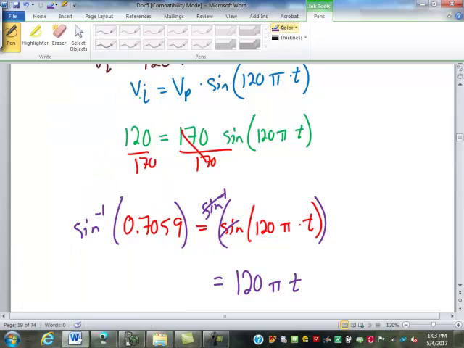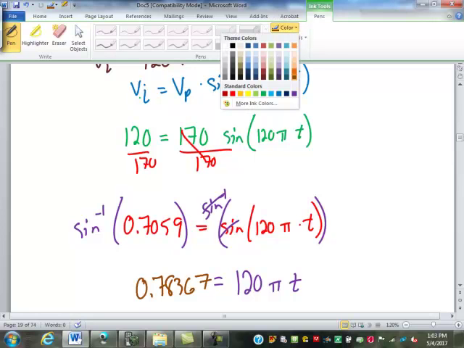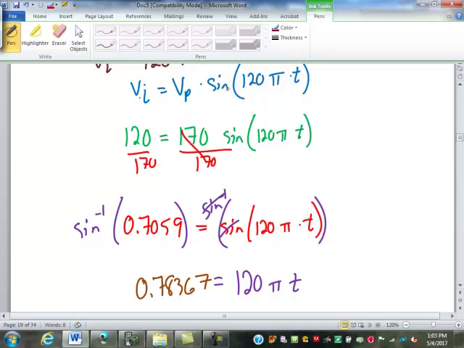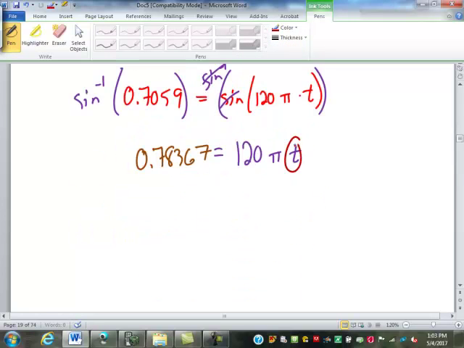0.78367. Now that's radians, remember. Now what do we have to do to solve this for t? I have to divide by 120 pi.